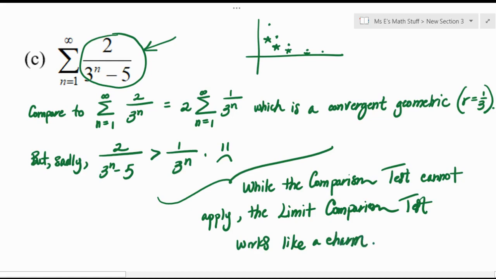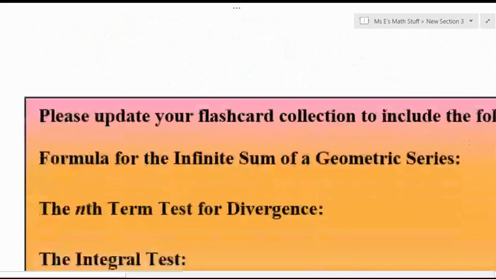There we go. So I did want to give this example, though, so you could see that you really do have to check your positivity before you apply that comparison test. And they have ways on the AP exam of checking to see if you know your theory or not.